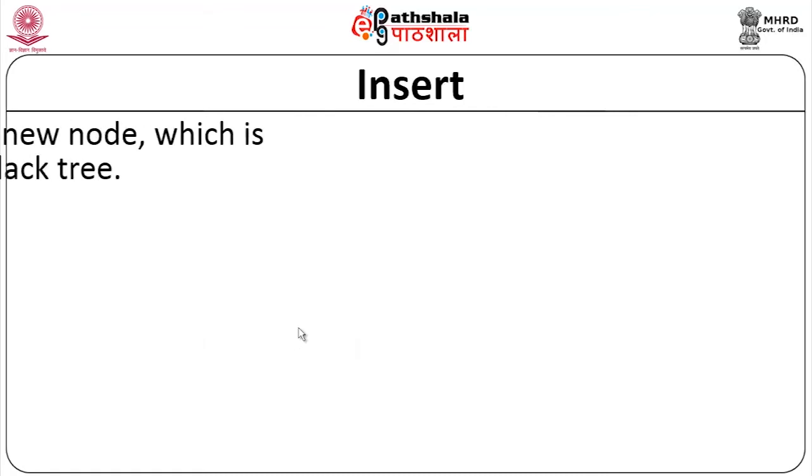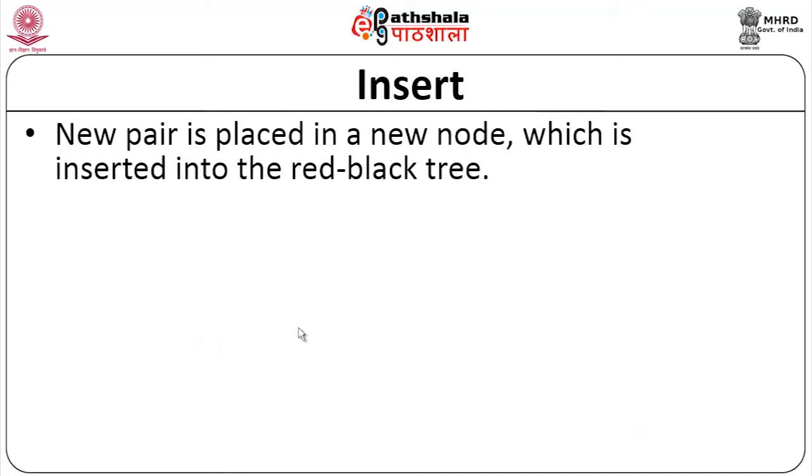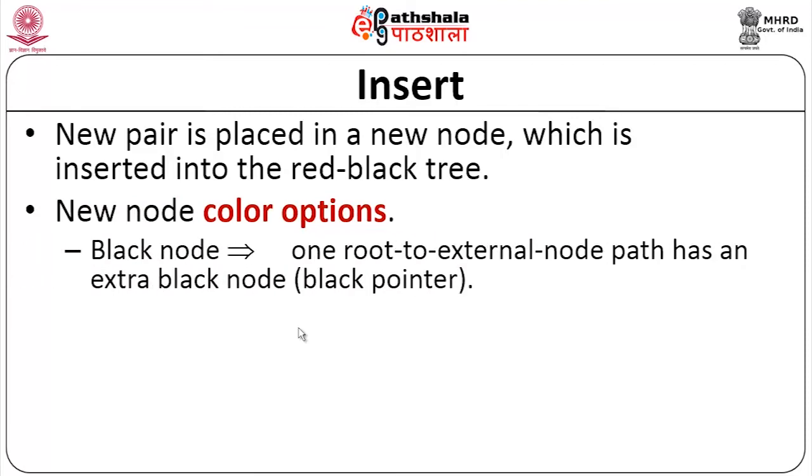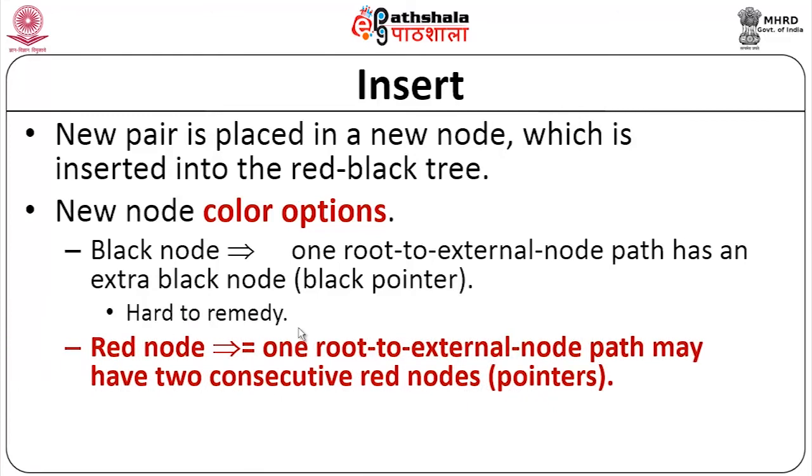Okay. Now, insert. So, a new pair is placed in the new node which is inserted into the red black tree. So, there are color options. If it is a black node, one route to external node path has an extra black node. So, that is a problem. This is hard to remedy. If it is a red node, one route to external path may have two consecutive red nodes.